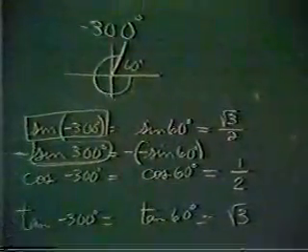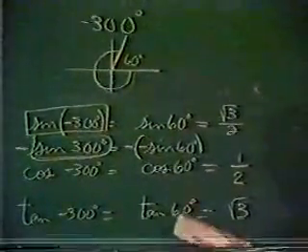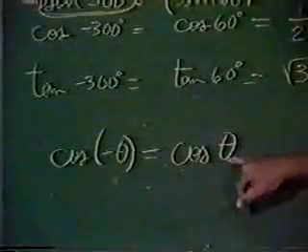Now, let's do the cosine. Let's do the cosine rule. Looking down here, the cosine of minus theta is the same as the cosine of theta. They say that if you want the cosine of minus 120, forget the minus and just go find the cosine of plus 120.